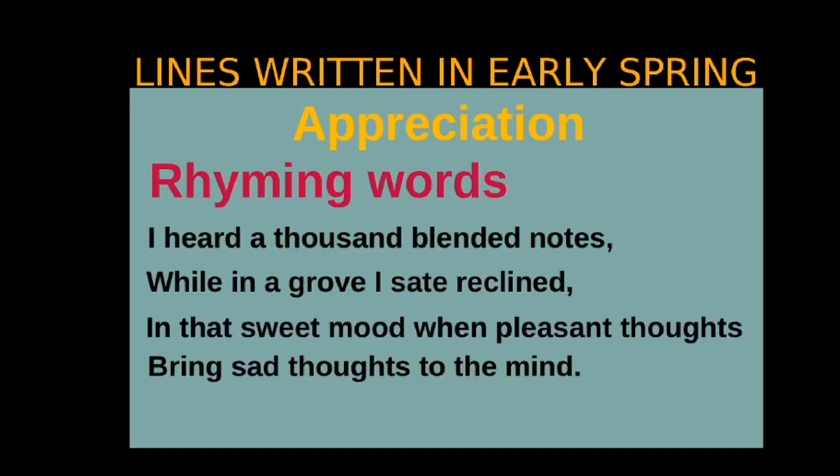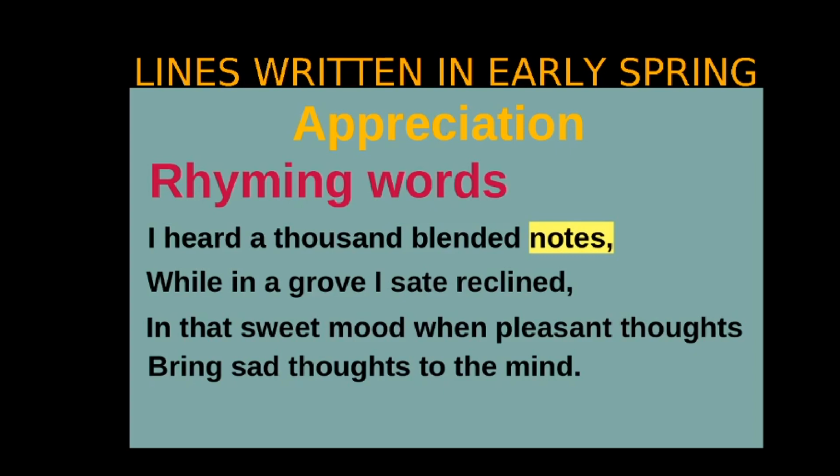Okay, now let's look into this first stanza. I heard a thousand blended notes while in a grove I sat reclined, in that sweet mood when pleasant thoughts bring sad thoughts to the mind. So let's look at the last words of the lines. Notes. And look at the last sound of that word. It is the S sound.